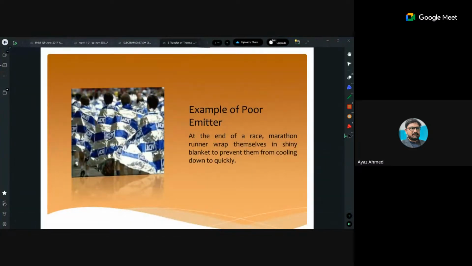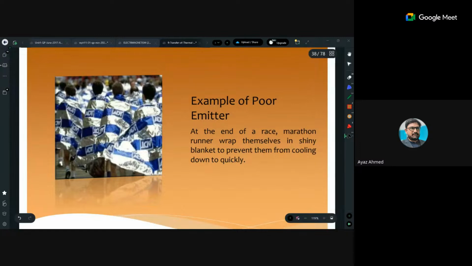Then check this one out. The silvery shiny materials are poor radiators. So when they are poor absorbers and emitters of radiation, for example, the people in the sunshine having the silver, yani these aluminium foils, their body would not be heated up. But if their bodies are heated up, they would be covered with the same foil. In this way, their body would not lose the energy in the form of radiation.